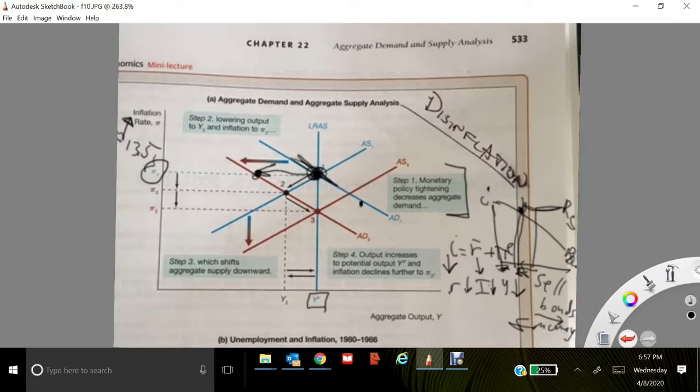So tightening causes our demand curve to shift to AD2. We went from AD1 to AD2, okay? So now we're from point 1 to point 2.